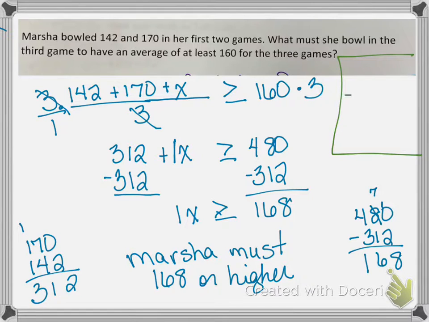If I have negative 4x is greater than or equal to 16, and I divide both sides by negative 4, that's when I have to reverse my sign, because I divided both sides by a negative 4.